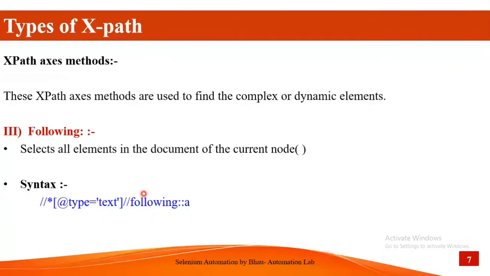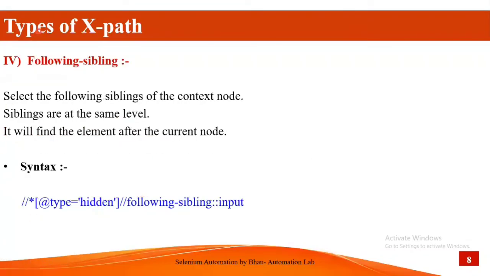Now let's understand the next concept from the axes methods: following-sibling. When we use the following-sibling method, it selects the following siblings of the context node. Siblings are at the same level, and it finds the element after the current node.